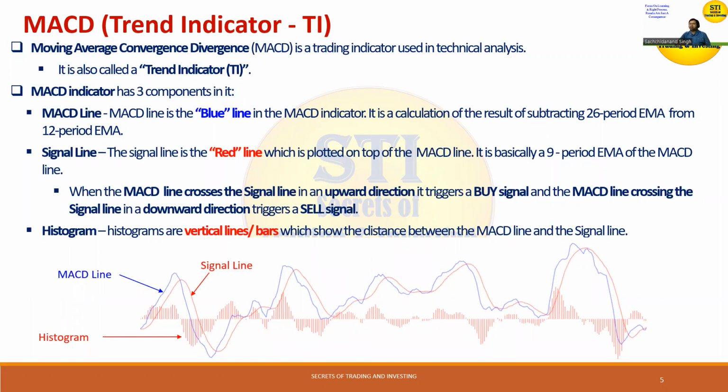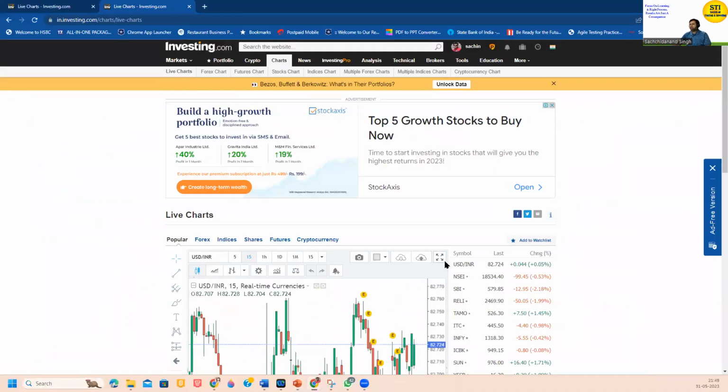That difference, if plotted on the chart and connecting all the dots, gives the MACD line, which is already in the form of an indicator, inbuilt into investing.com itself.